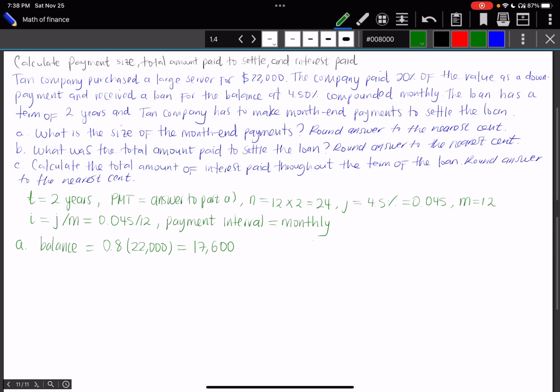Now that amount of money should be covered by the annuity. So the value of that amount after 2 years should match the future value of the annuity. The future value of the balance after 2 years, with interest compounded monthly at 4.5%, should be equal to the future value of the annuity.